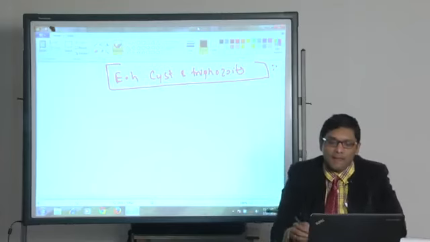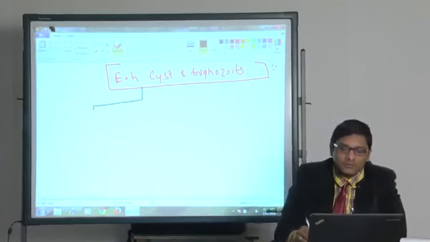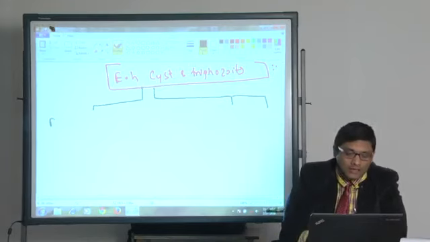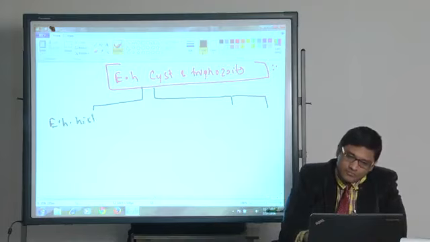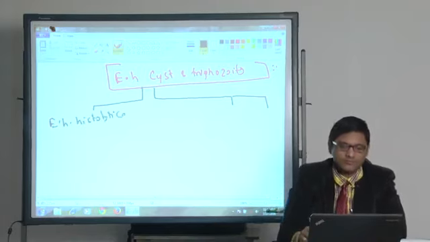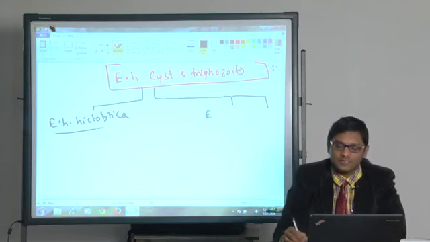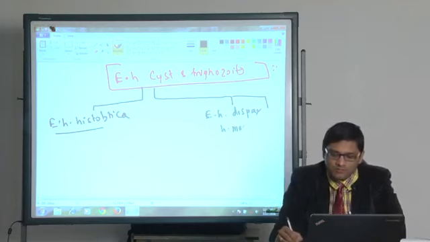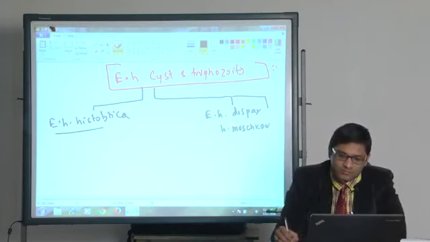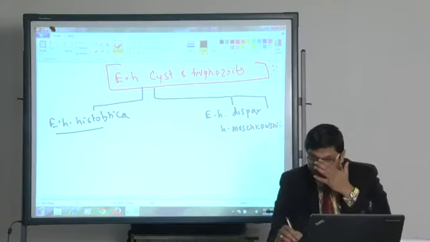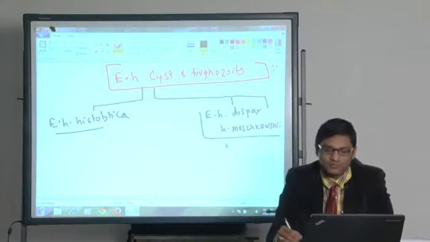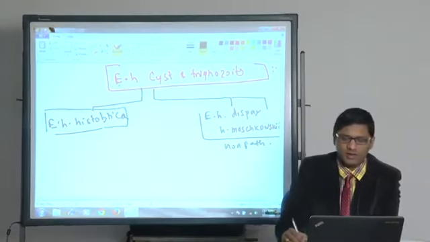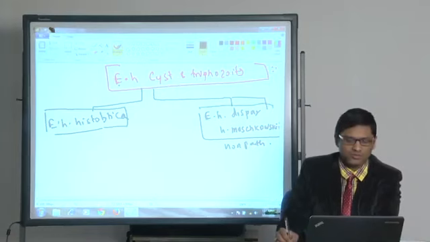No. Entamoeba histolytica has got 3 subspecies: histolytica histolytica, which alone is pathogenic, whereas the other 2 subspecies are histolytica dispar and histolytica moskowski.